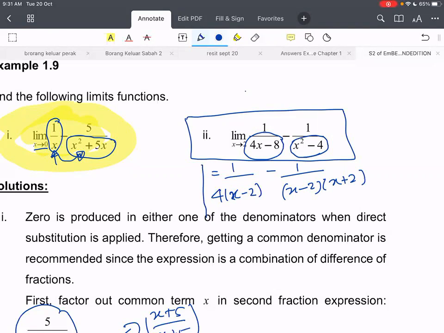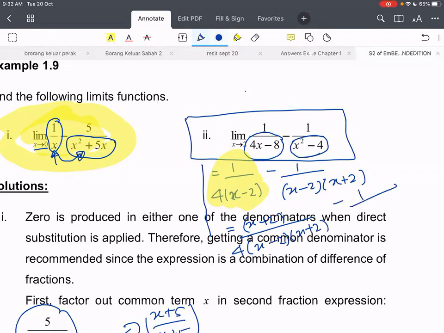So if you already get the idea, the first term here, you need to times it with what? X plus 2 over x plus 2, okay? So you end up with x plus 2 over 4(x minus 2)(x plus 2).